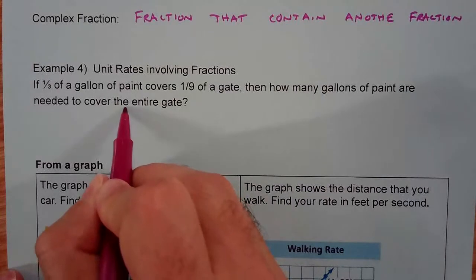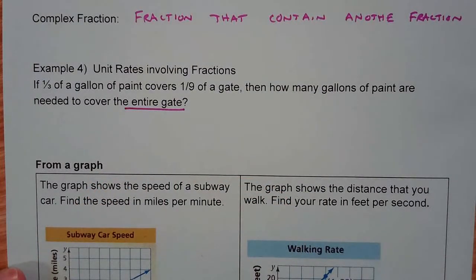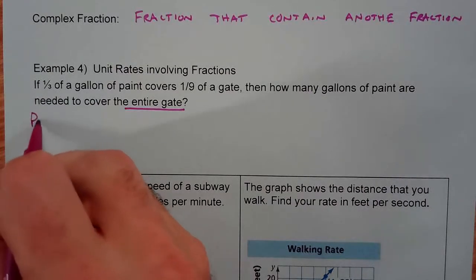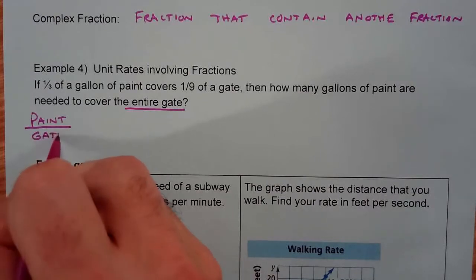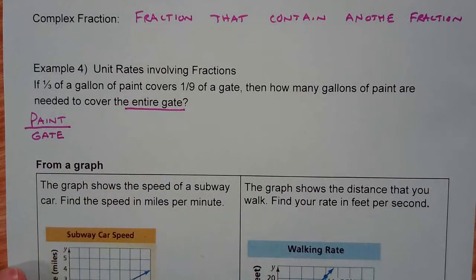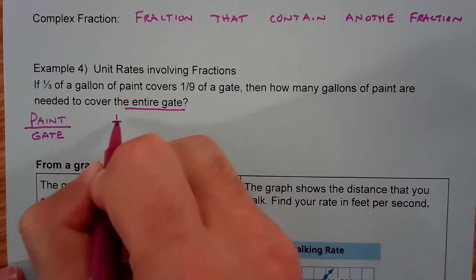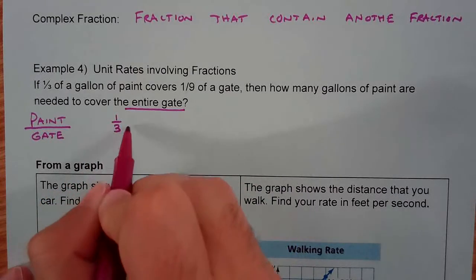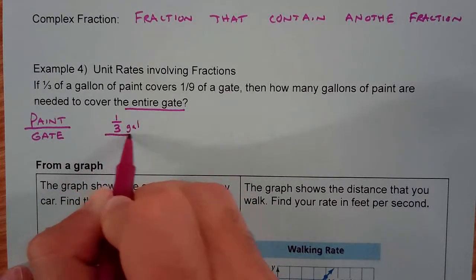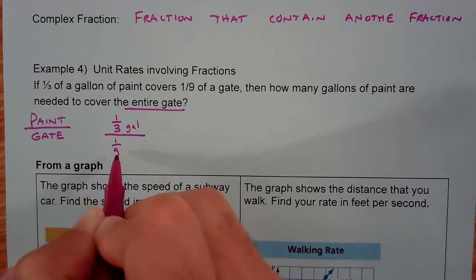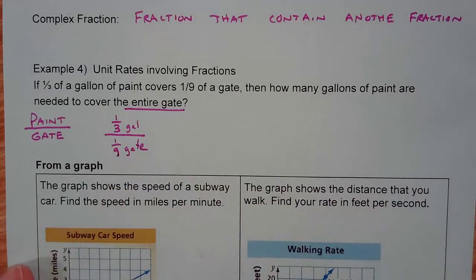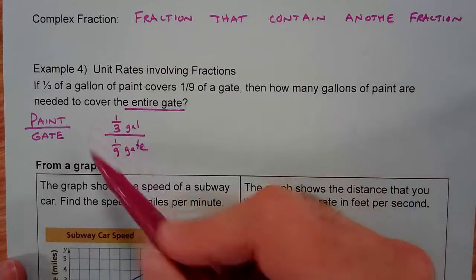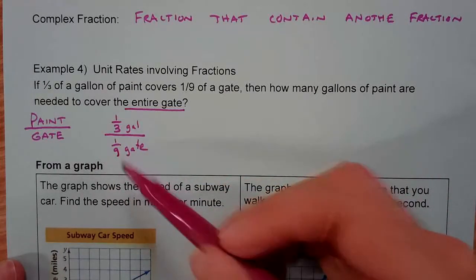We want the entire gate. We want 1 gate. So that's our unit. That means I want paint per gate. The paint is 1/3, so I have 1/3 of a gallon of paint for 1/9 of the gate. So to find my unit rate, that's the complex fraction, a fraction within a fraction.